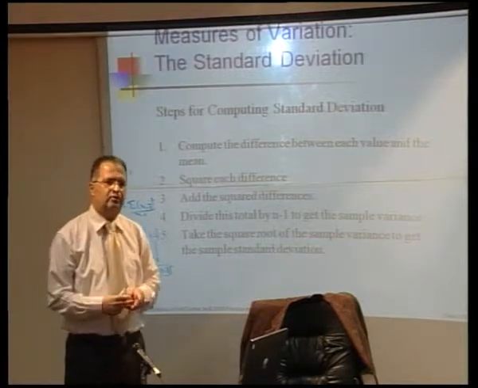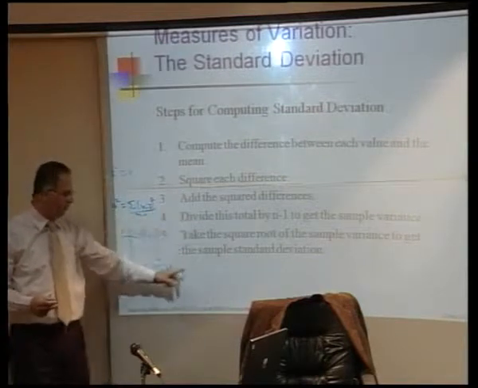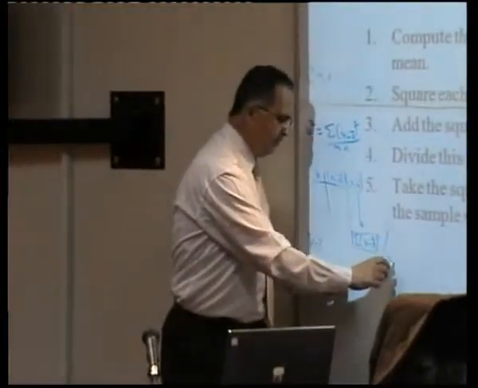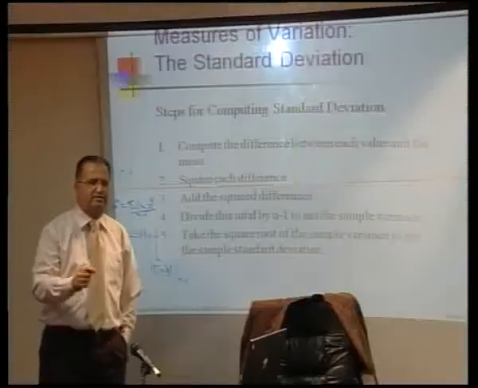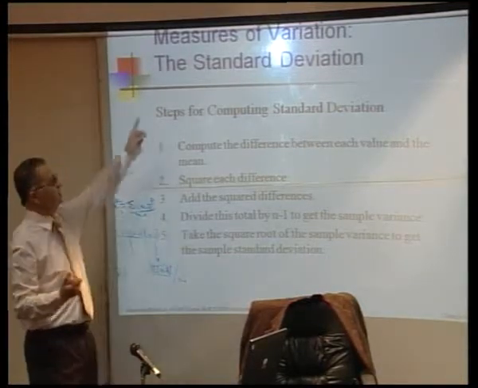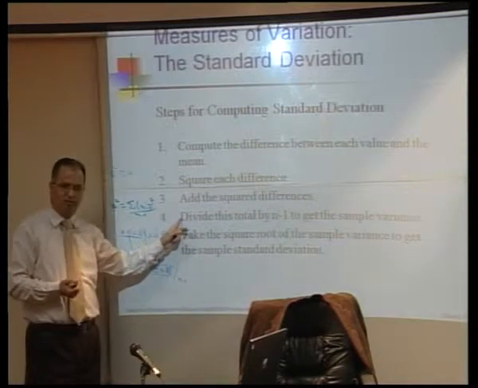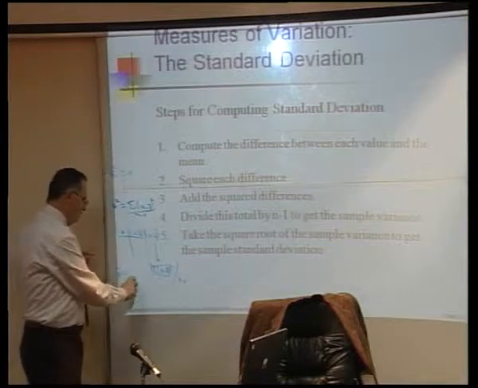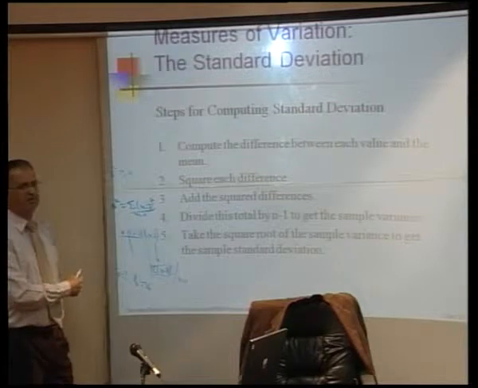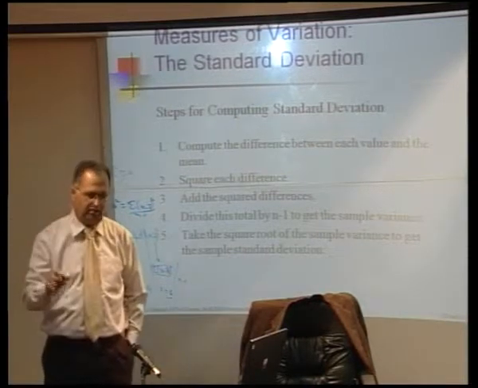Finally, to get the sample variance, you have to divide this total by n minus 1. To compute the standard deviation, just take the square root of your result in step 4. For example, imagine that S square, the sample variance, is 36. So S equals 6.